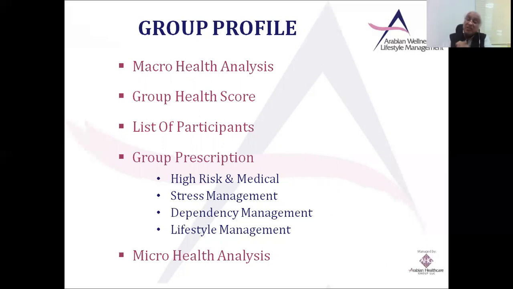It compares this group health score with previous year's health scores in order for you to ascertain whether you have improved in health or perhaps deteriorated. You might have improved in fitness, you might have improved in nutrition, you might have improved in stress, but it's perfectly possible that the numbers of smokers may have increased. So it gives you that precise information from year to year.